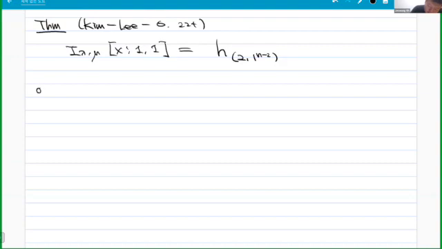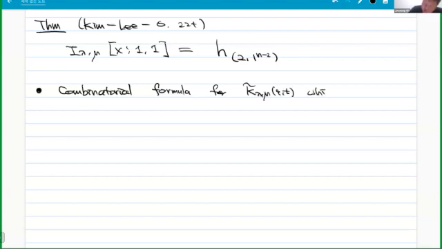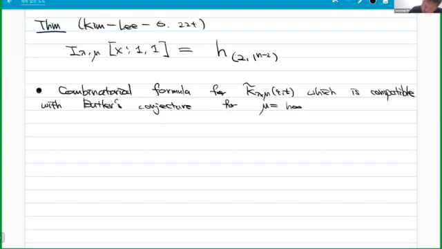And last but not least, we gave some combinatorial formula for the qt Kostka polynomial, which is compatible with Butler's conjecture, for lambda a hook shape, or mu a hook shape, or mu a two-column shape.